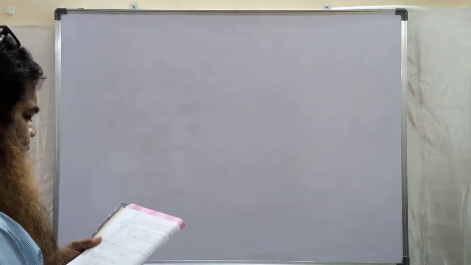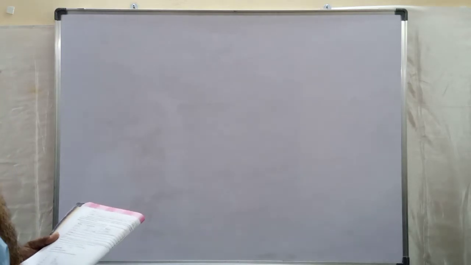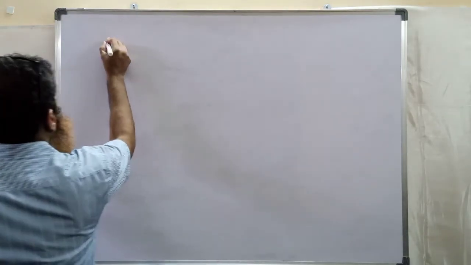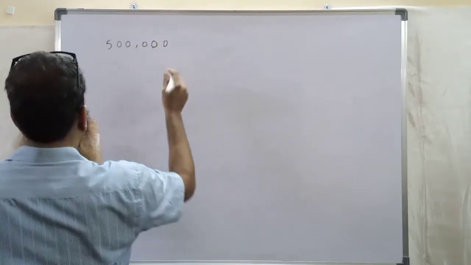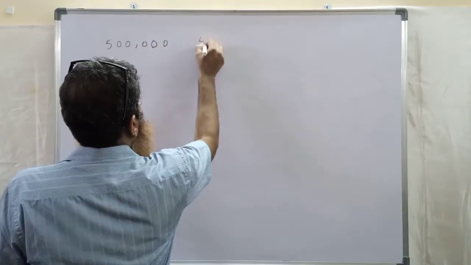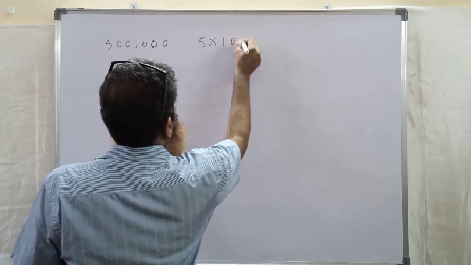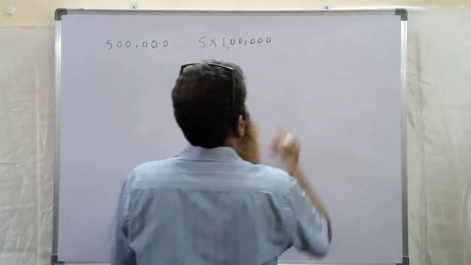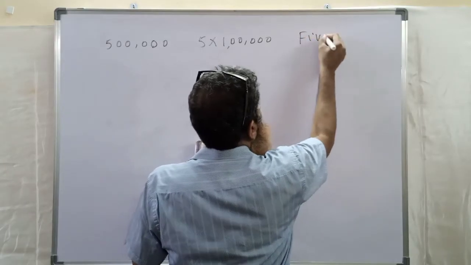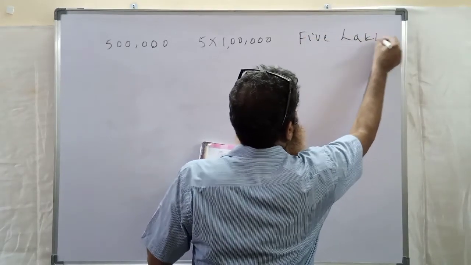Now let's do an exercise on page number 6. In the table, we have numbers. We need to expand those numbers. It is 5 lakhs. So in the expanded form we have 5 into 1 lakh, which is 5 lakhs. It is read as 5 lakh.